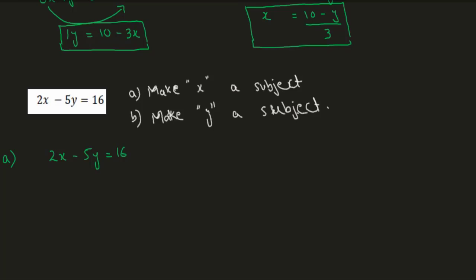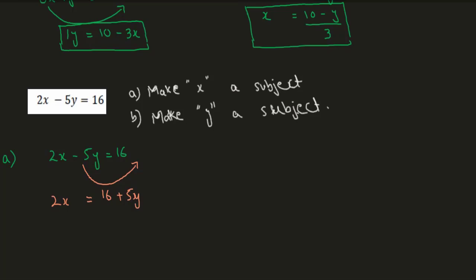First, if something is being added or subtracted with the x term, I have to take that term on the other side. So I am going to take my minus 5y term on the other side. Now 2x is equal to 16 plus 5y. So the last step is that I have to isolate x.